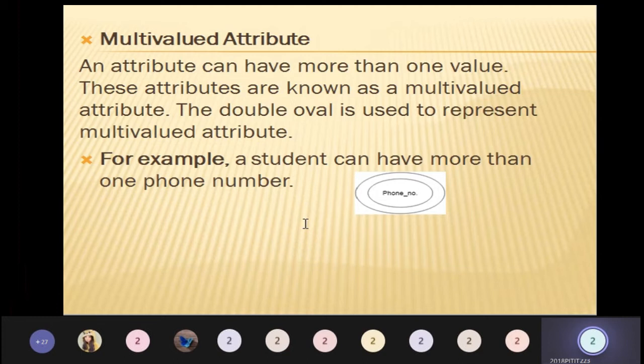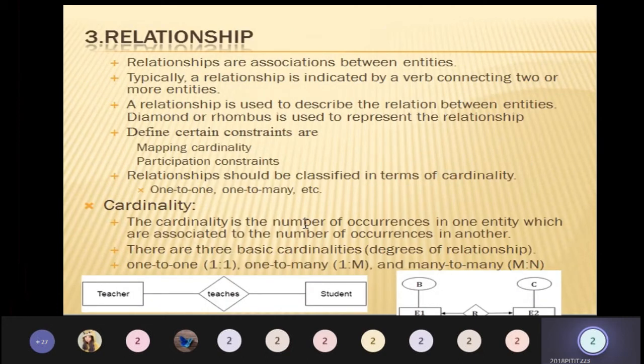Next, let us see the third component of the ER diagram, which is the relationship. A relationship expresses the association among several entities. A relationship set is a set of relationships of the same type, which means relationships are associations between entities.